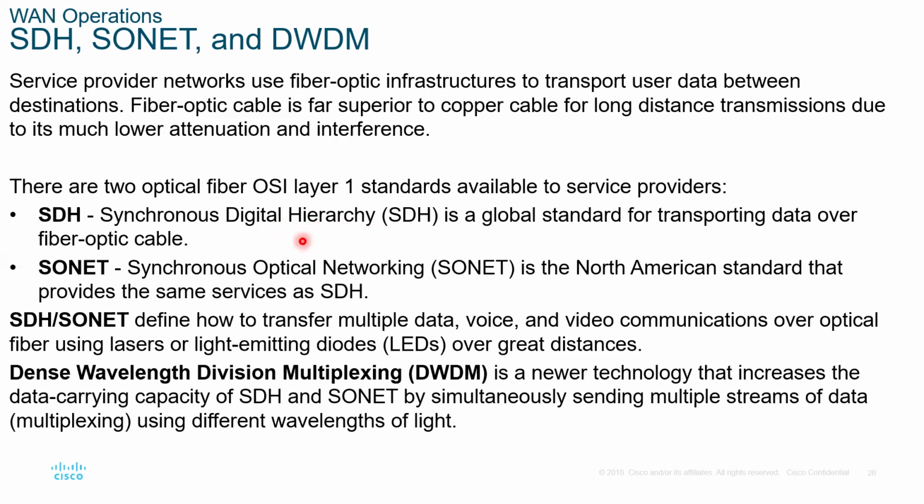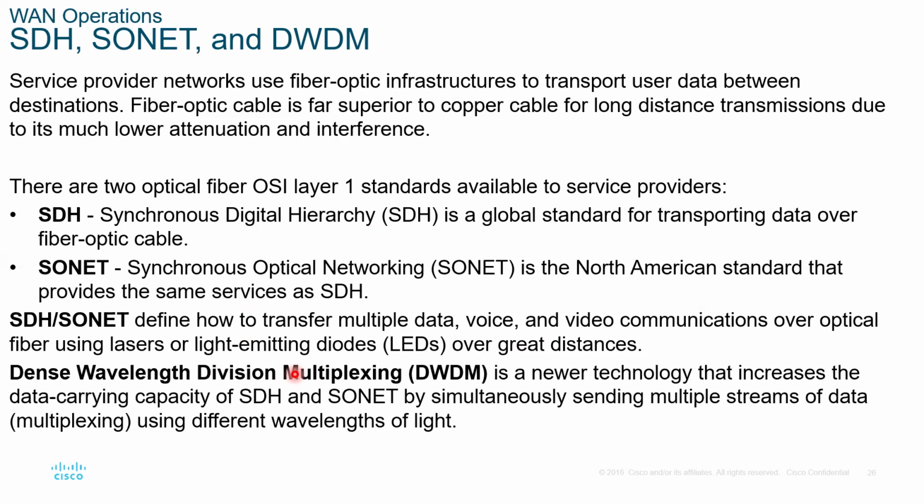SDH SONET defines how to transfer multiple data, voice, and video communications over optical fiber using lasers and LEDs. So like I said, these are standards used in fiber. It's the same thing. The only difference is one is used in North America, one is used elsewhere.